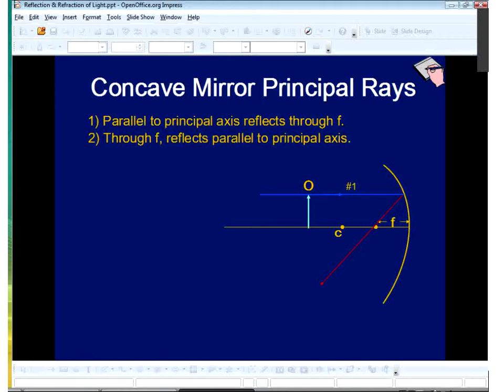This is a summary to help in ray diagrams. A ray parallel to the principal axis reflects through F. A ray through F reflects parallel to the principal axis. The one that goes through C will just bounce back.